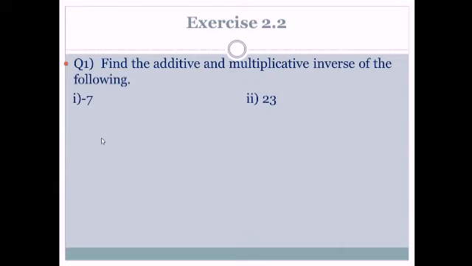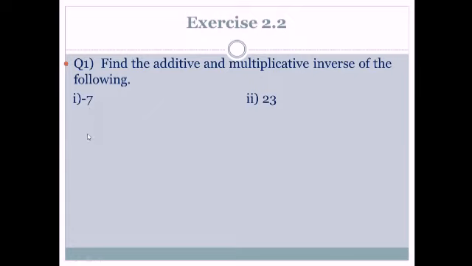Here I'll explain the first two parts side by side. The reason is that you can understand the difference: how we find the additive inverse for a negative number and how we find the additive inverse for a positive number. Look, in additive inverse, I told you in the definition that you have the same number with opposite sign. Here you have minus 7, so its additive inverse will be positive 7.